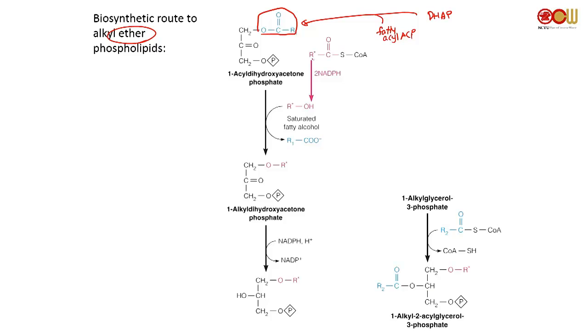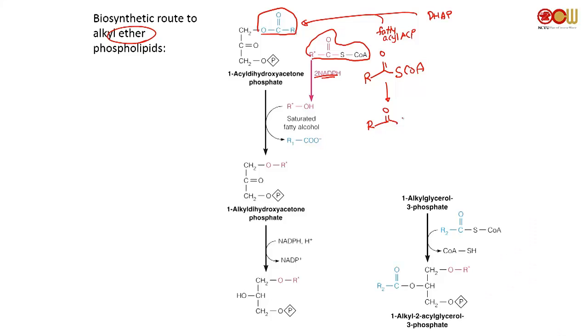How do you make a fatty alcohol? You start with a fatty acyl CoA and you reduce it twice. Fatty acyl CoA is a fatty thioester, so it's an ester. What is the oxidation state of an ester the same as? The same as an acid, a carboxylic acid.